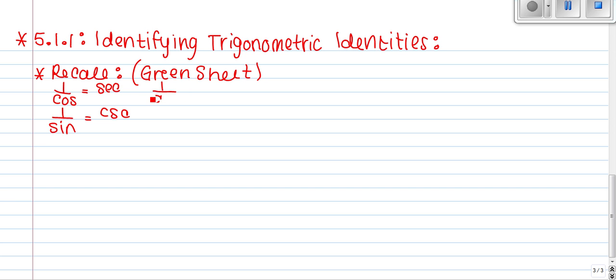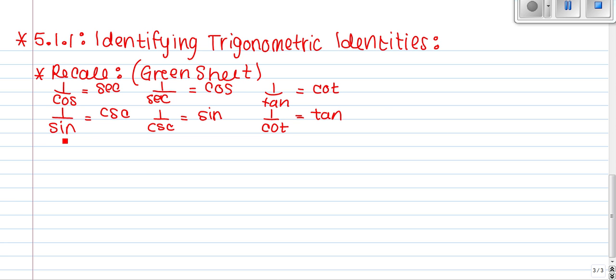1 over secant, which is the same thing as cosine, 1 over cosecant, which is the same thing as sine, 1 over tangent, which is the same thing as cotangent, and 1 over cotangent, which is the same thing as tangent.